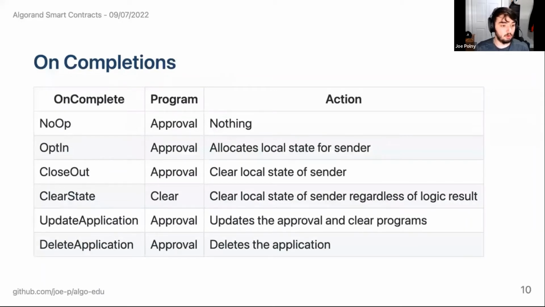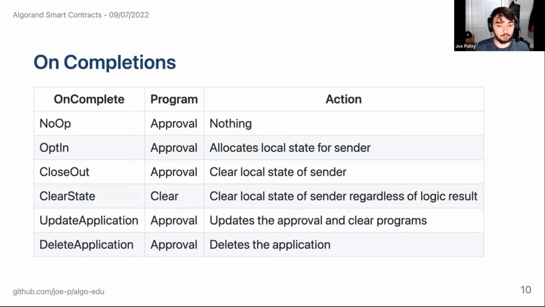And these are some of the onCompletions that I was talking about earlier. These are basically things that you can specify the contract to do after the logic executes. NoOp is the standard onComplete that most calls use. This basically means do nothing. You're still executing this contract, doing whatever the logic says, but after the logic executes, you just return and don't do anything else other than what the logic dictates.